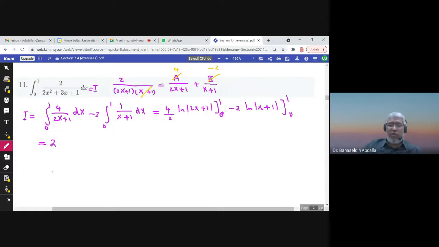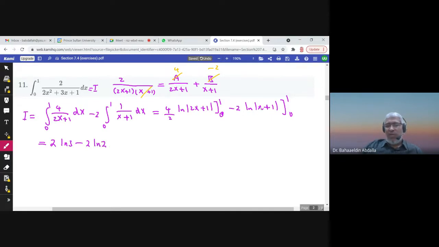4 over 2 is 2. If I replace x by 1, 2 plus 1 is ln 3. If I replace x by 0, I have ln 1, which is 0. So it's 2 ln 3 minus 2 times, if I replace x by 1, it would be ln 2.